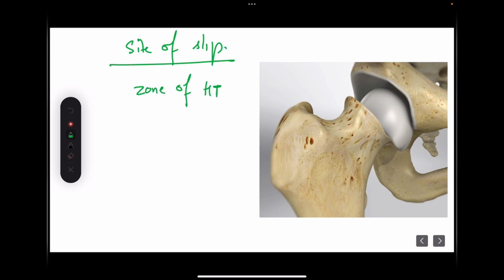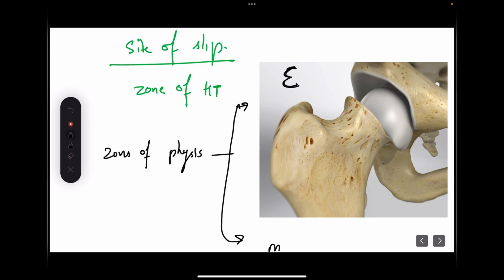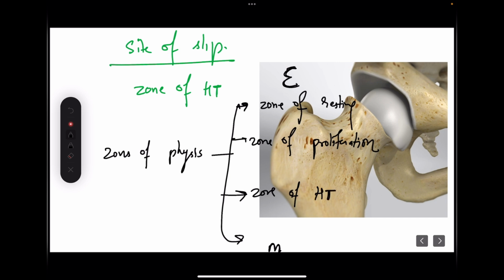What is this zone? Normally when we draw the zones of the physis, this is the epiphyseal side and this is the metaphyseal side. So the zones of the physis from the epiphyseal side are: the zone of resting; then the zone of proliferation, where most of the cells will proliferate; then the zone of hypertrophy, where once the cells have proliferated, individual cells will increase in size; then the zone of provisional calcification.